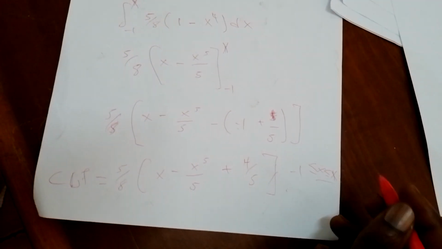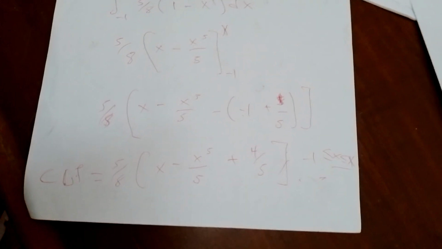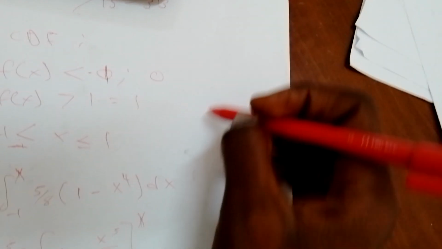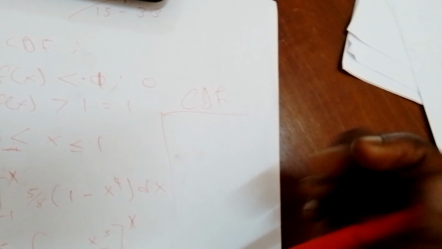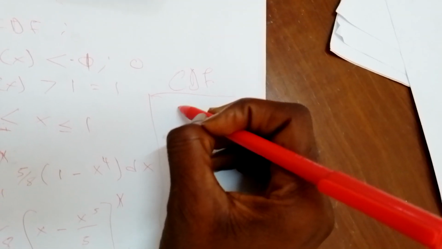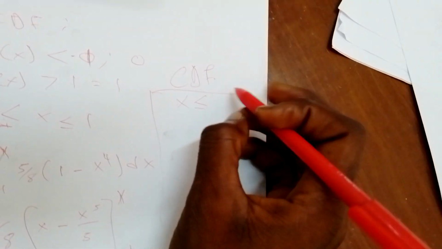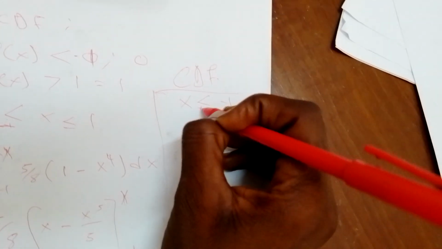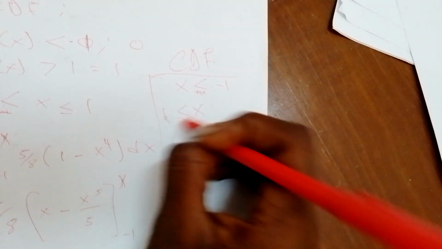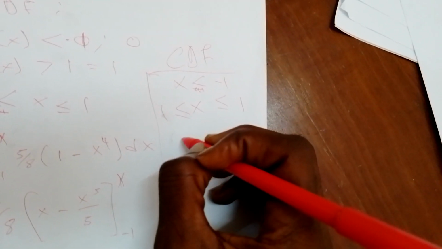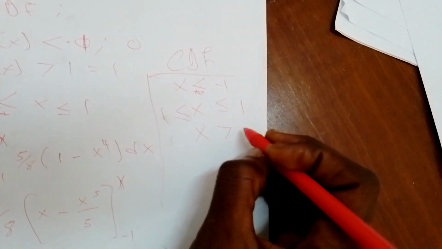When you are defining your CDF, you don't define just this. You define all three. So we have three ranges: we define it for x less than minus one, then from minus one to one, and then for x greater than one.